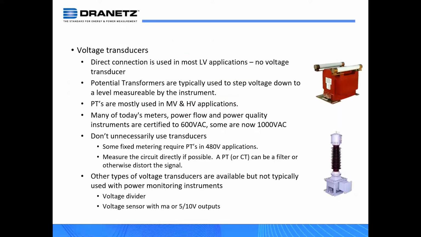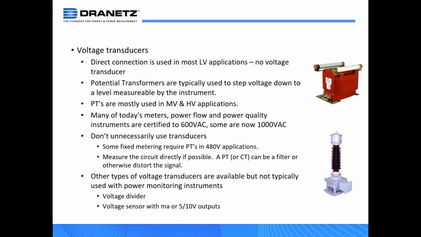When we talk about a voltage transducer, most of the power monitoring that takes place, particularly from a troubleshooting standpoint, usually takes place at the low voltage level, meaning up to 600 volts. Most UL instrumentation is maxed out at 600 volts.